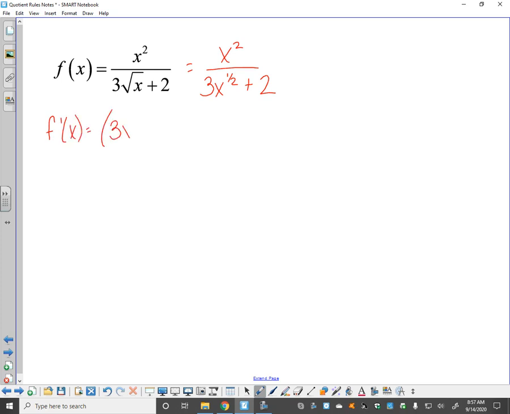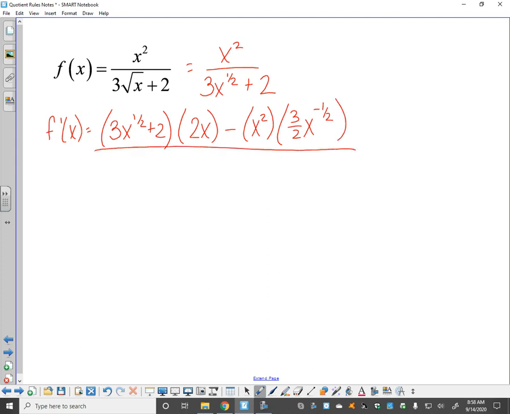Low, d high, minus high, d low. Pull the power down. Subtract 1, which would be 2 over 2, so negative 1/2. Derivative of 2 is 0 over low, low.